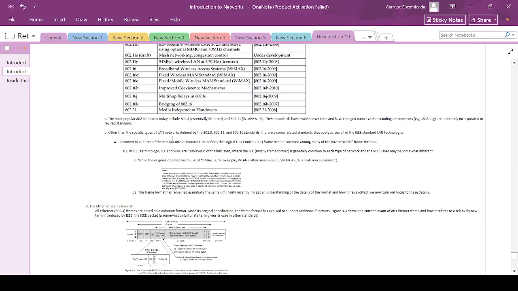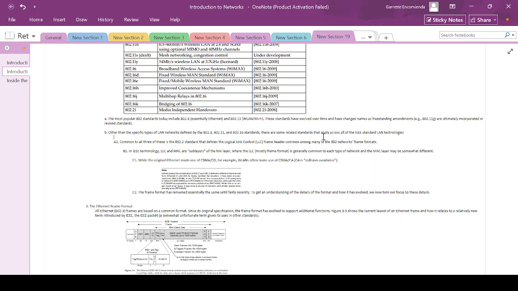The most popular 802 standards today include 802.3, essentially Ethernet, and 802.11, or Wi-Fi. These standards have evolved over time and have changed names as freestanding amendments, like 802.11g, are ultimately incorporated in revised standards.